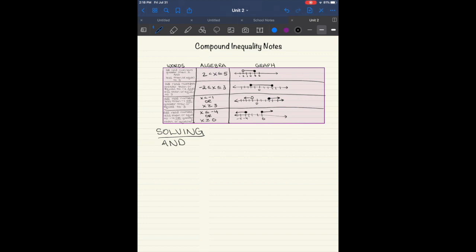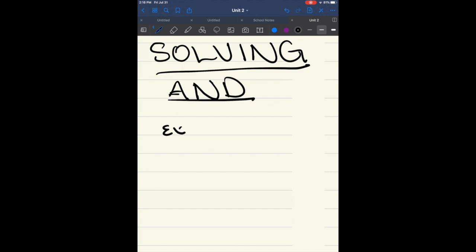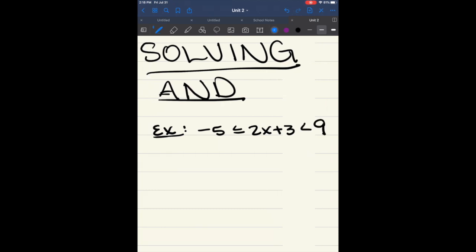So for ands, let's write out our problem. So we've got -5 is less than or equal to 2x plus 3, which is less than 9. And to solve this, it's just like a two-sided problem, but now we have three sides. So whatever we do to the side with x in it, we have to do to all three sides.